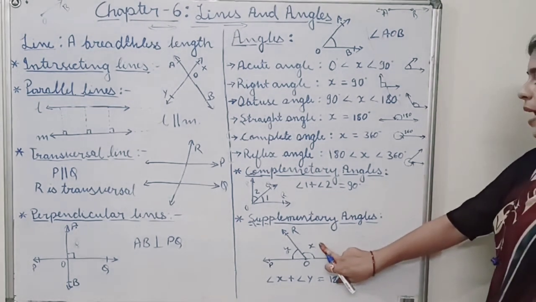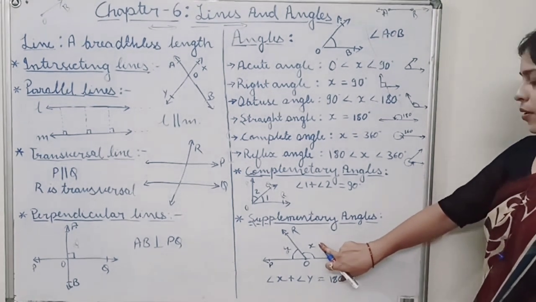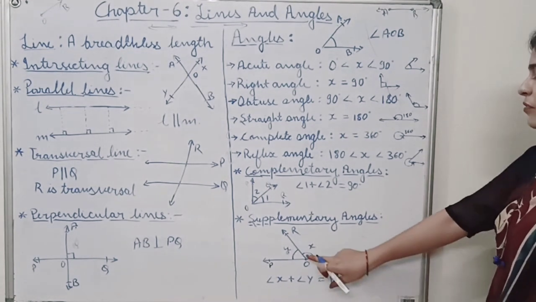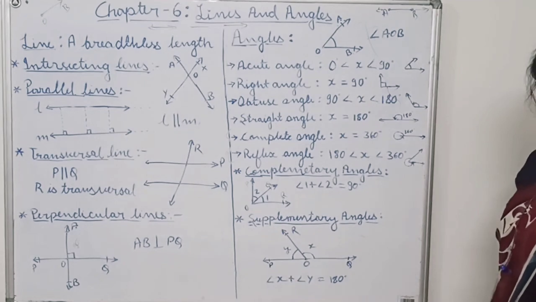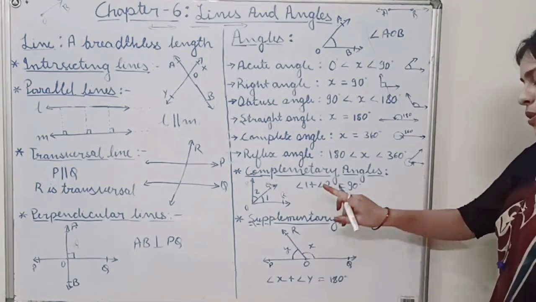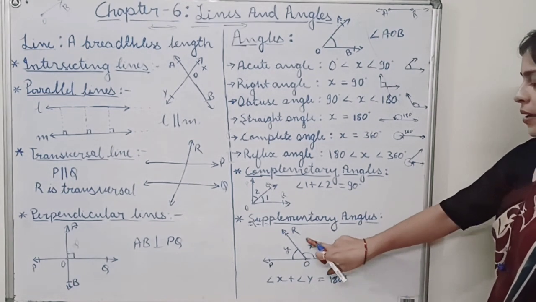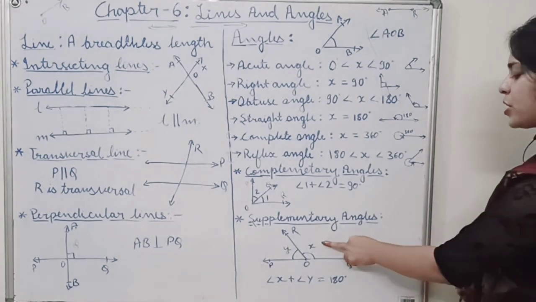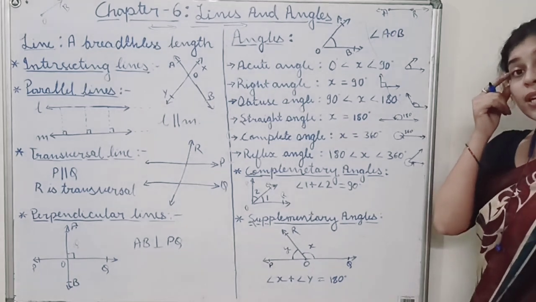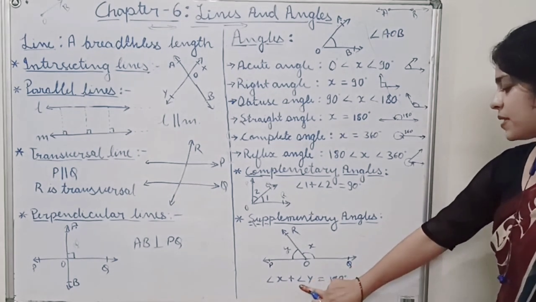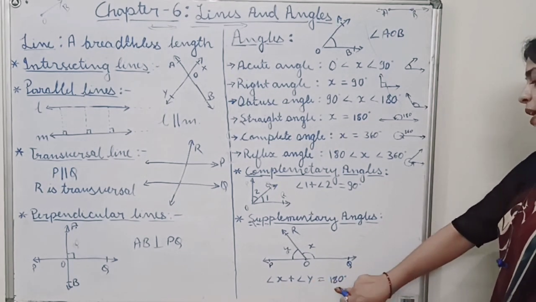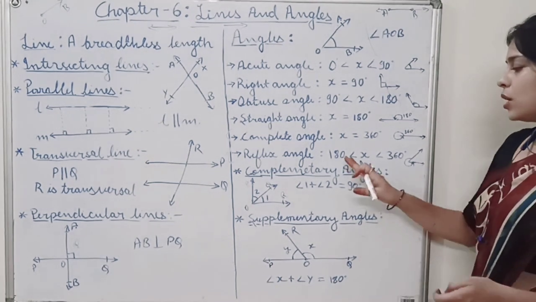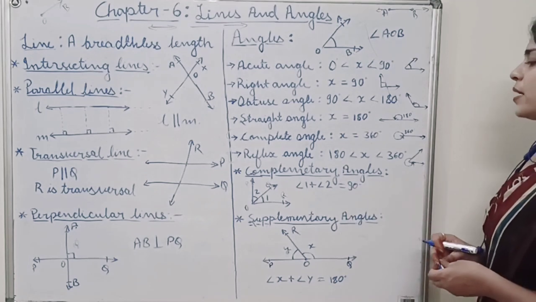If you are given that angle X is 130 degrees, you can find the measure of angle Y easily. If angle X and angle Y are supplementary angles and the measure of angle X is 130 degrees, so 130 plus angle Y is equal to 180, so the measure of angle Y will be 50 degrees. So these are the supplementary and complementary angles, pairs of angles.